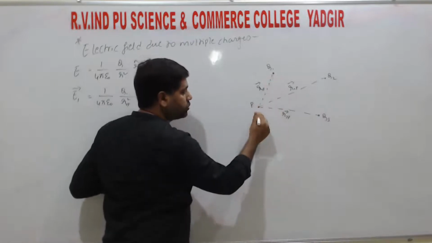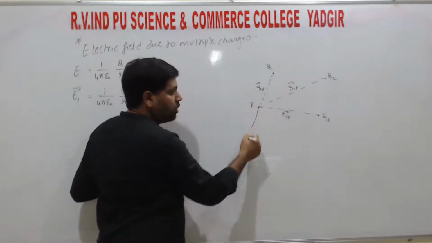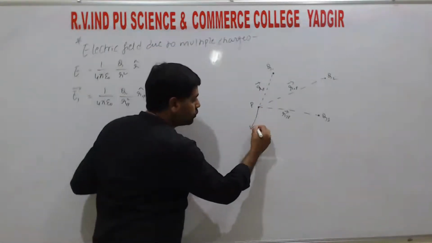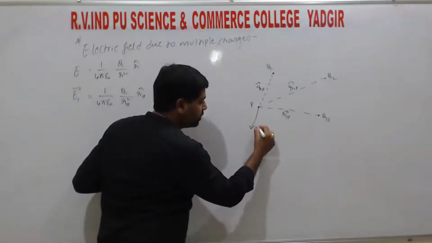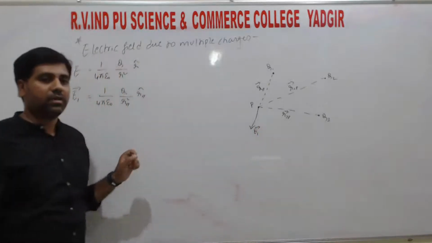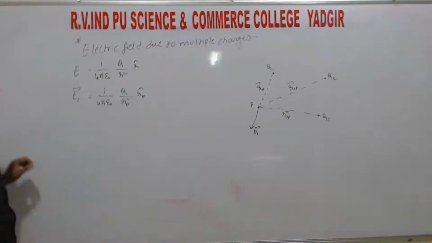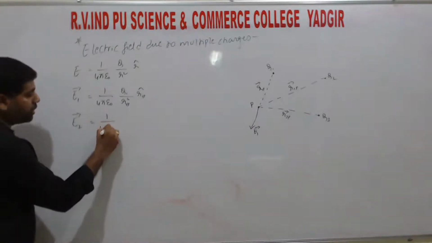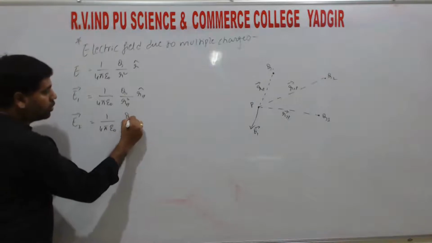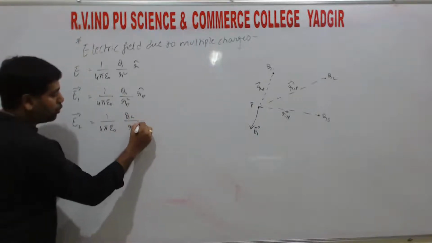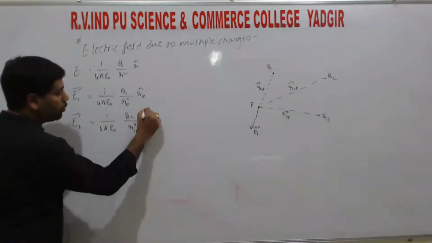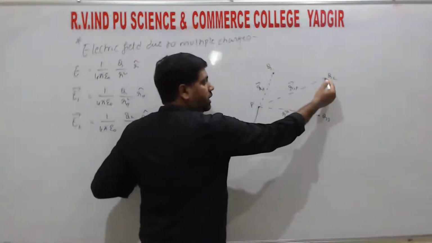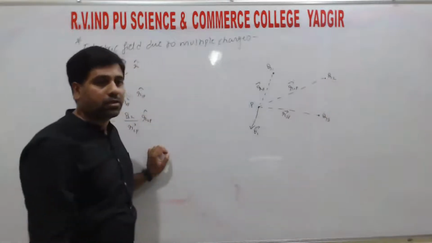These two are positive charges, so the force direction is repulsive. As the electric field is also in the direction of the force, here we are going to discuss the electric field. The electric field is in this direction, E1, right? Next, in the similar case, E2 is equal to 1 divided by 4 pi epsilon naught, Q2 divided by R2P square into R2P cap. That means P experiences the electric field due to charge Q2.